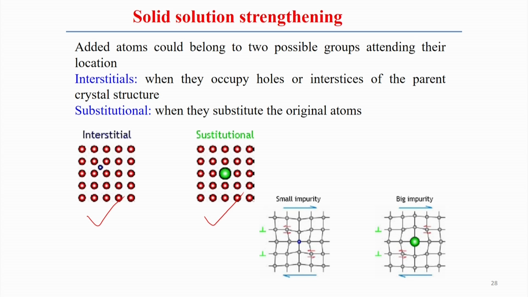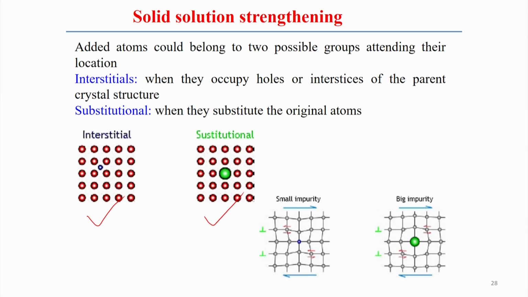So if we consider the unit cell, along with the atoms at all the corner points of the unit cell, there exist some interstitial sites. Of course, there is a difference in the ratio of the atom size as well as the interstitial size, and normally the interstitial size is smaller as compared to the parent atoms in a unit cell.